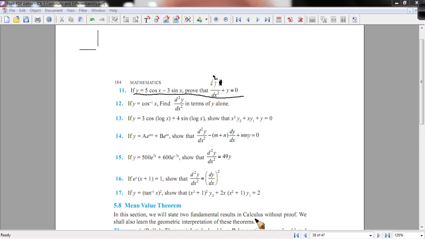Next question, y is equal to a e power mx plus b e power nx, then show that d square y by dx square minus m plus n into dy by dx plus mn y is equal to 0.